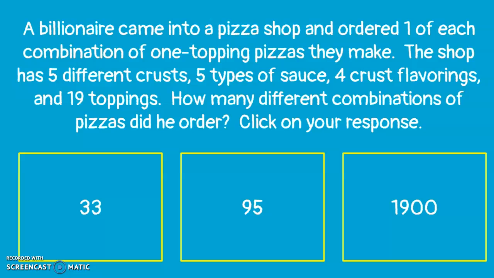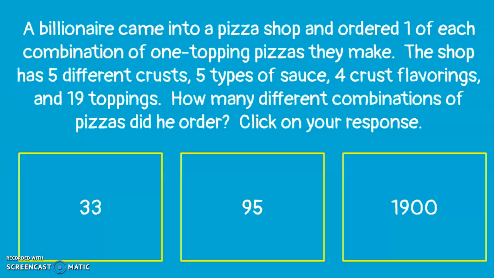How many different events are there? Well, we can choose crust, sauce, crust flavorings, and toppings. We can choose from 4 different events. And then how many items are in each of those events? Well, there are 5 crusts, 5 types of sauce, 4 crust flavorings, and 19 toppings.